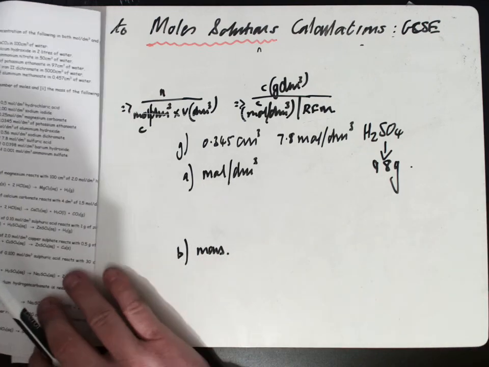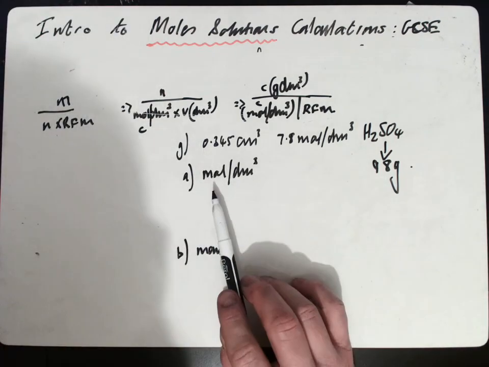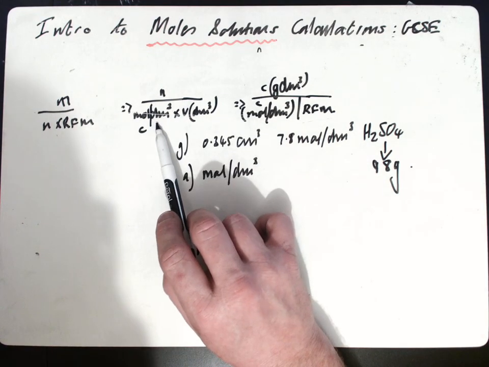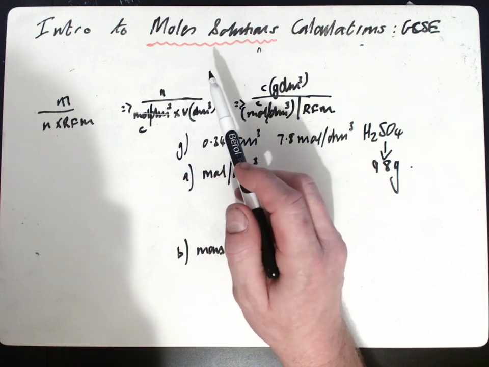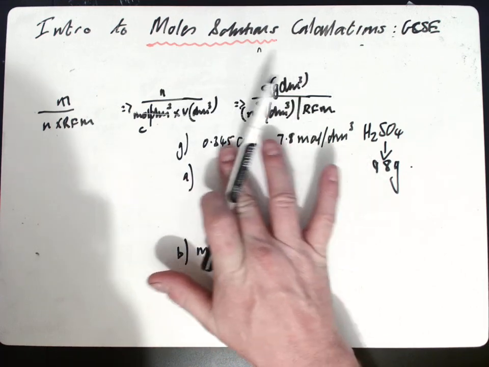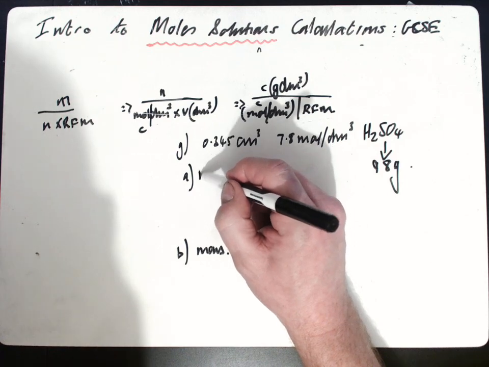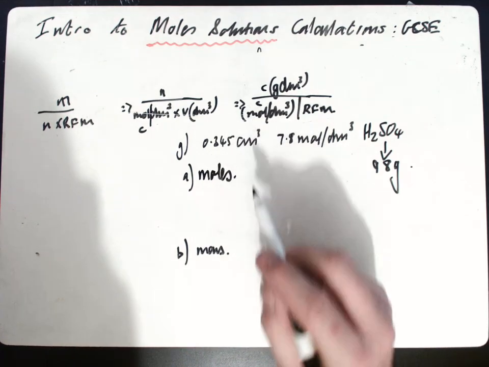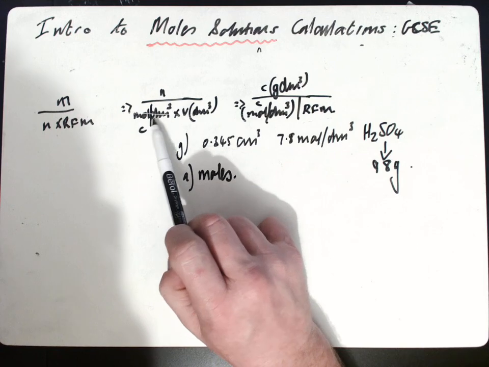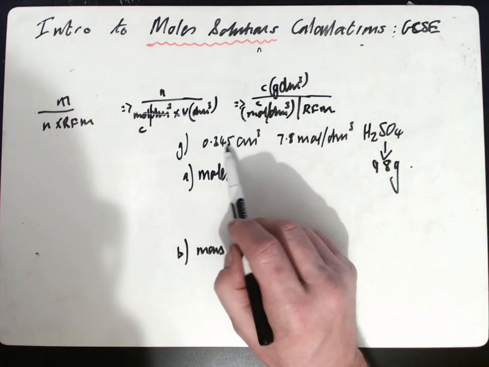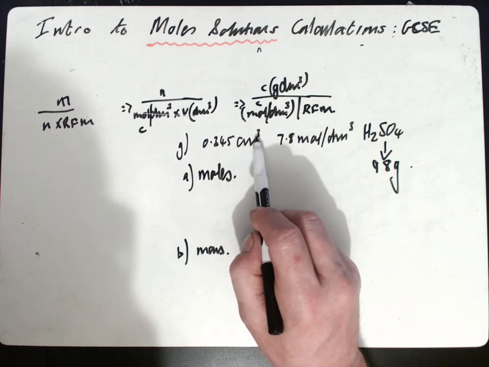So we go back to our equation. Sorry, that's not what I'm after at all. The first thing we're after is number of moles. Moles equals concentration in moles per decimeter cubed times the volume. So we've got our volume here at 0.345 centimeters cubed.